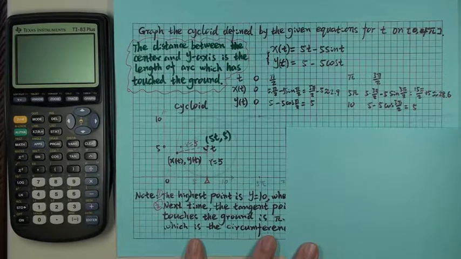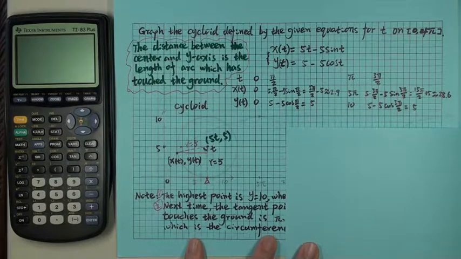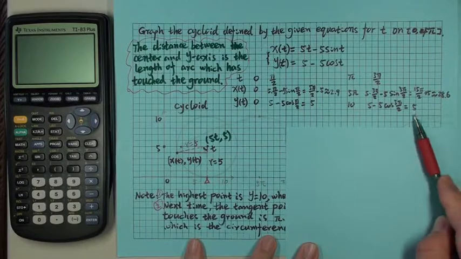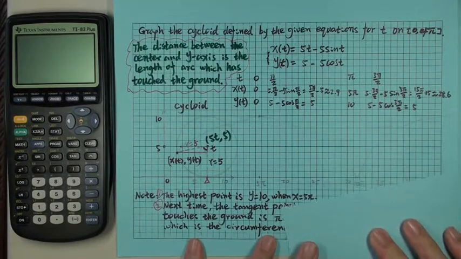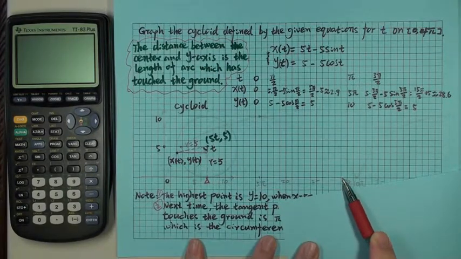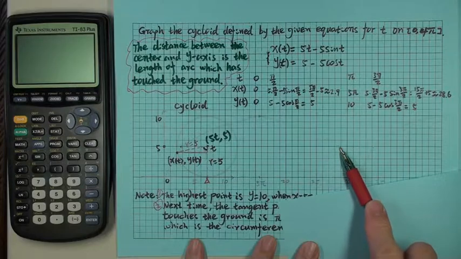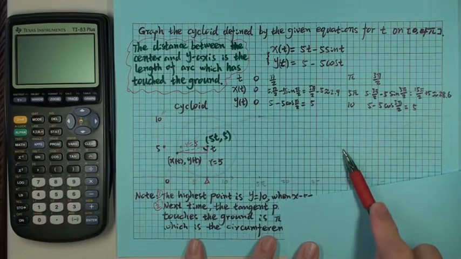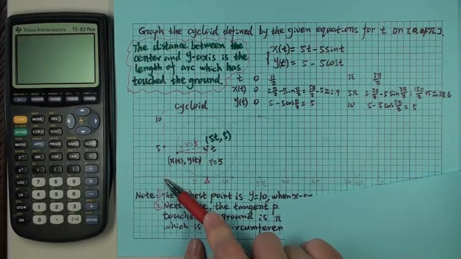So where is 28.6 and 5? 28 is roughly here, 0.6 is close to 29, and y is 5, so it's right here. So you have 1, 2, 3 points plus the origin.